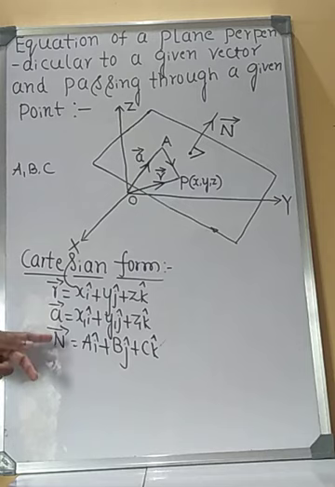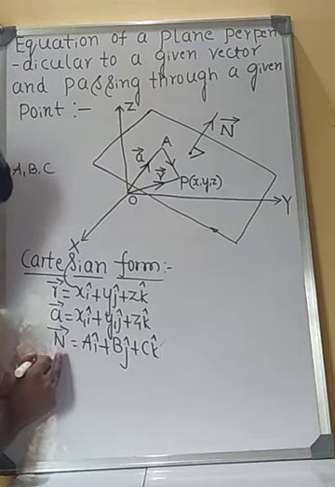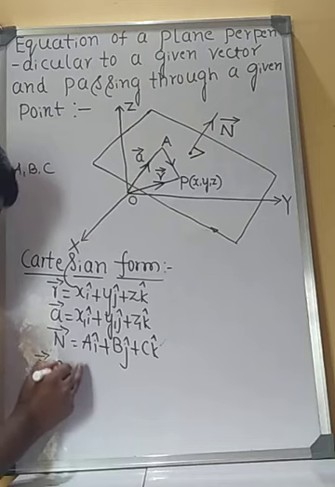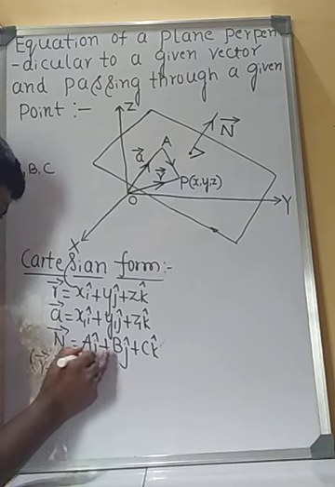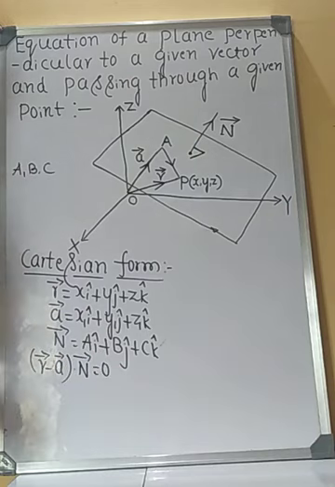Substituting these values in the vector form of the equation of the plane, that is r vector minus a vector dot n vector is equal to 0.